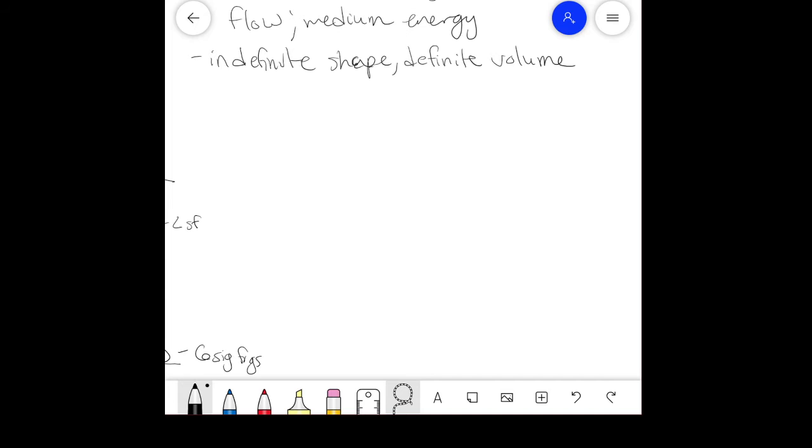And then we have gas, which is when particles are far apart from each other, and able to flow about freely.